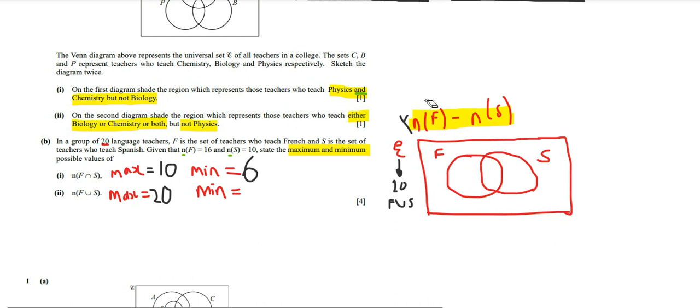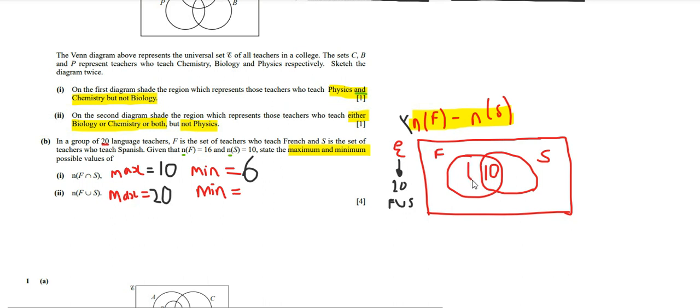Okay, so how can we find the minimum? Well, the answer is actually not too hard. Let's once again suppose that we have the maximum number of intersecting French and Spanish teachers, right? So let's suppose we have 10 of them.